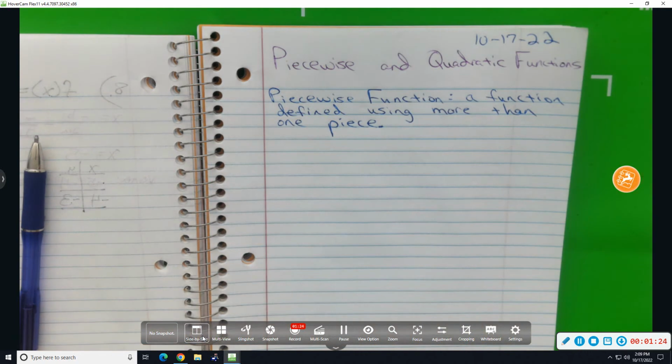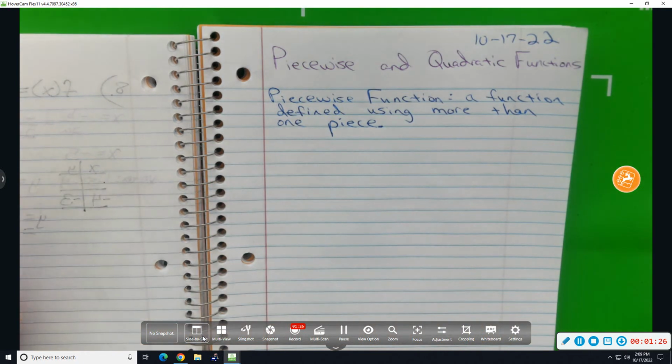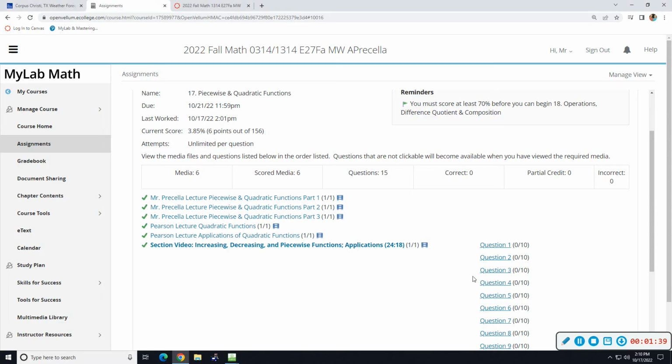Okay. And for a piecewise function, to really understand what I'm saying, we just have to look at an example, okay? So go into our homework, and starting, I think it's with number 2.